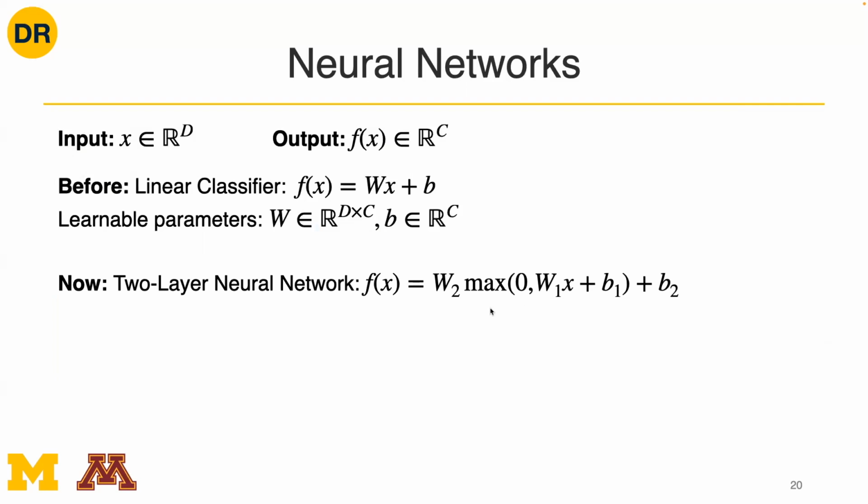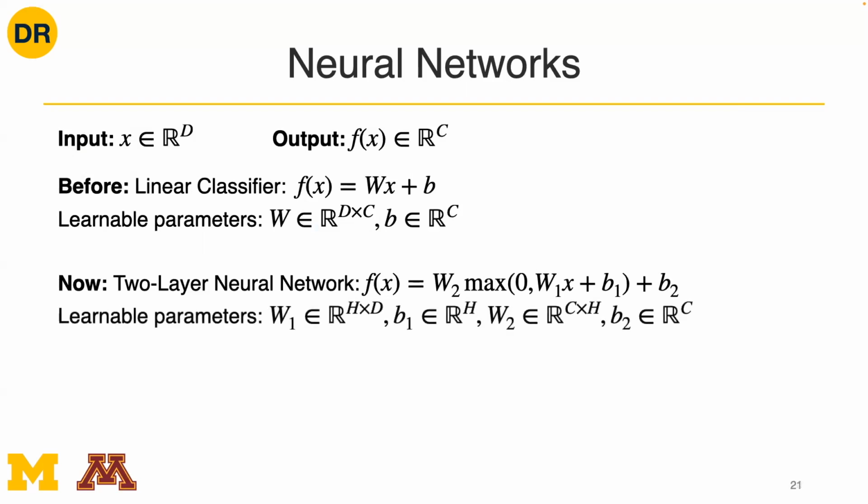And then the result of that nonlinear activation function, this max operation, is going to be applied to a second linear transformation. So we'll have a second matrix W sub 2 that will transform this output of the activation function, and then a second bias term as the final operation. So this now is our definition moving forward for a two-layer neural network.